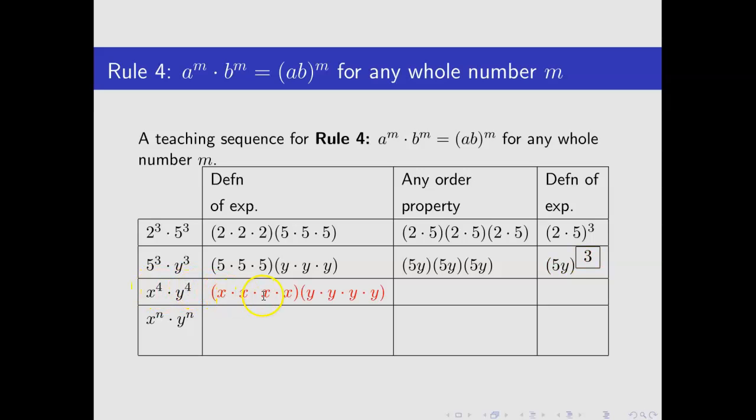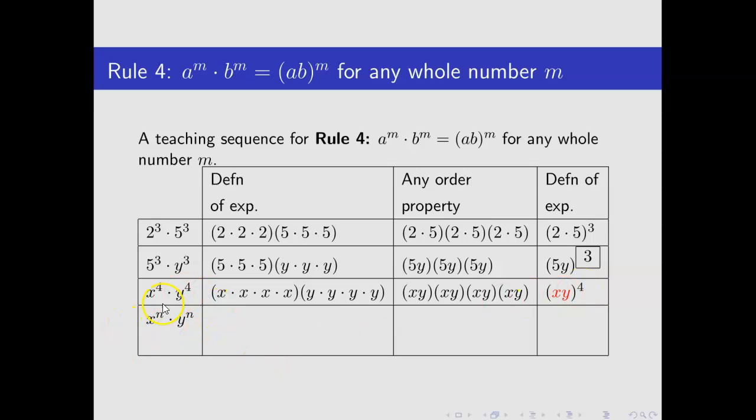We're going to have x times x times x times x from the x to the fourth, y times y times y times y from the y to the fourth. Using the any order property, that will be xy times xy times xy times xy. And then using the definition of the exponent, that will be xy to the fourth power.